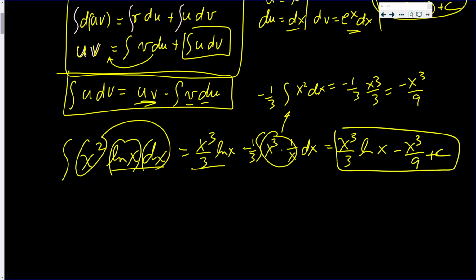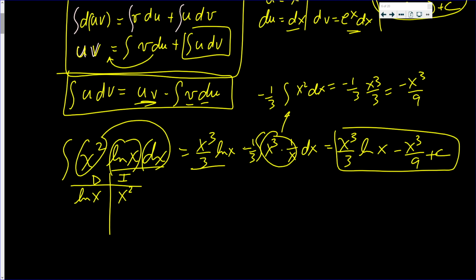I'll show you how we can get that answer much more quickly. Now, I know how to differentiate ln of x, and I know how to integrate x squared. So, I'm going to keep differentiating on the left, integrating on the right.